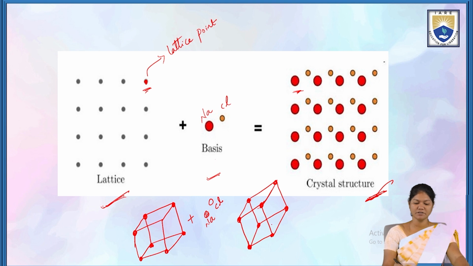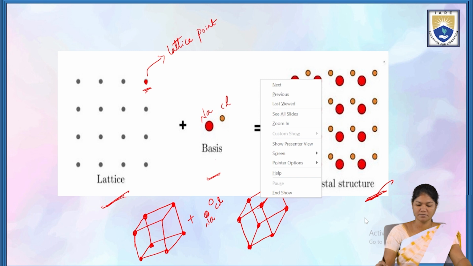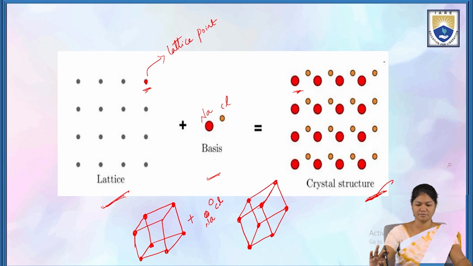When associated with the group of atoms, NaCl is associated with the lattice point. Like that, at every lattice point it is associated with a group of atoms.